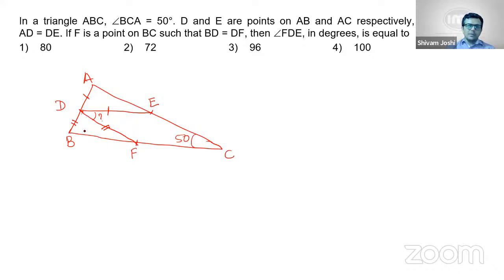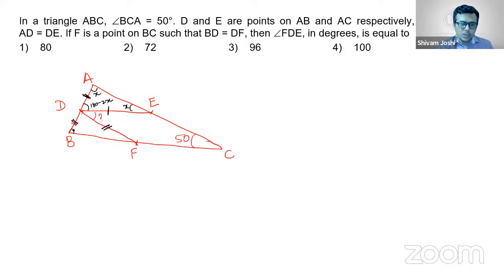If you remember, we have done a similar question earlier, right? So I'm just going to follow the exact same approach. These two sides are equal. Therefore, their opposite angles are equal. Take them as X. This is X. This is also X. So this is going to be 180 minus 2X, right? Same way, these two sides are equal. Their opposite angles are equal.